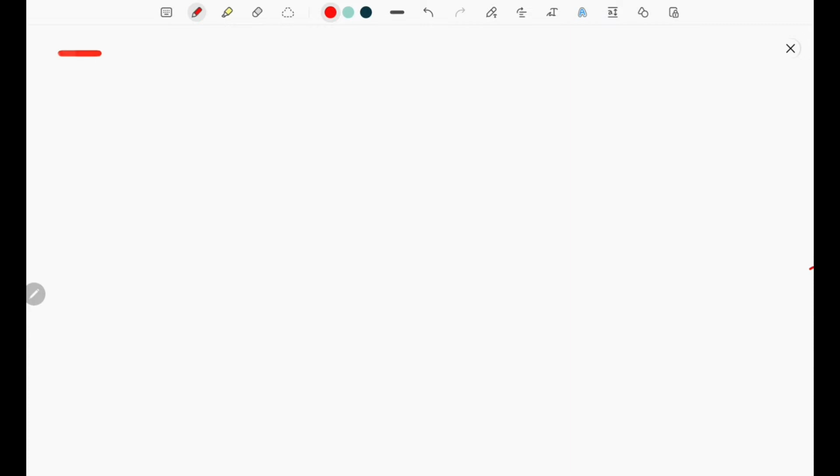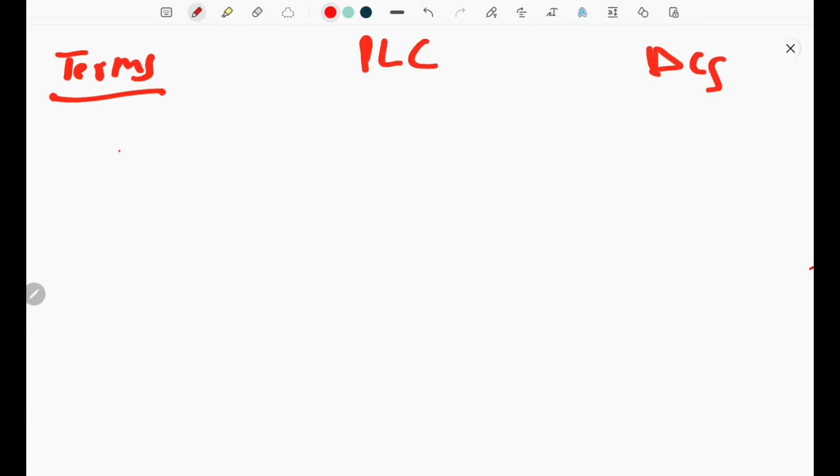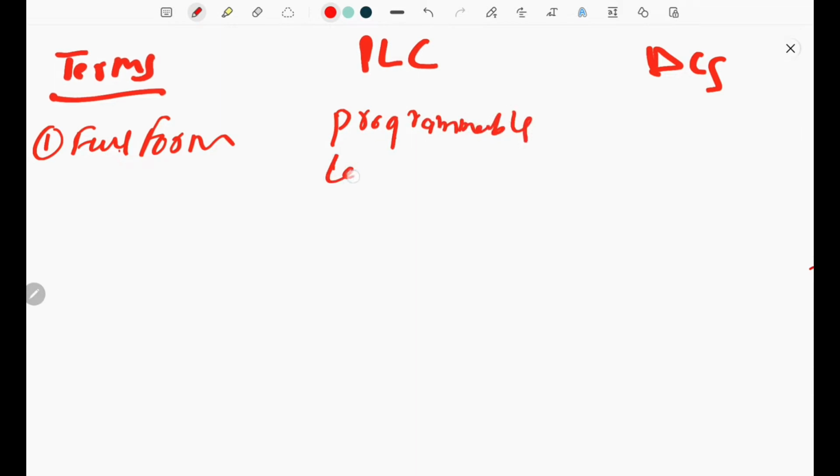So here we are writing some terms, and here we can write PLC and here DCS. First we can simply write the full form. What is the full form? Generally it is also asked in an interview. PLC is a programmable logic controller.